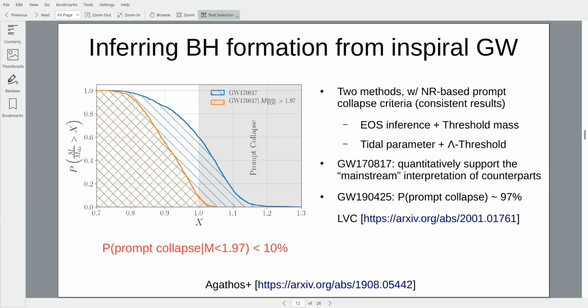From the parameters that you infer from the inspiral, masses and so on, you can use these numerical relativity relations to tell what's the probability of prompt collapse. It's a relatively straightforward exercise with the posterior from the gravitational wave analysis. And we've applied this to the two events that we have.